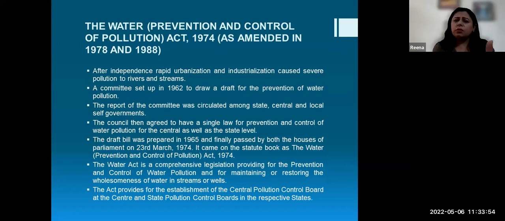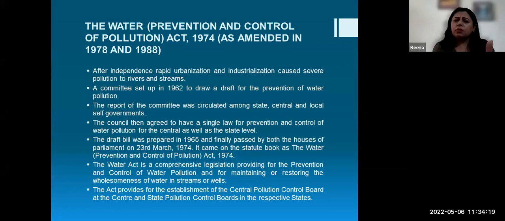So after 9 years, it was passed by both houses of Parliament, Lok Sabha and Rajya Sabha, and on 23rd March 1974, it was formulated as the first sectoral act, you can say, for the water sector only.